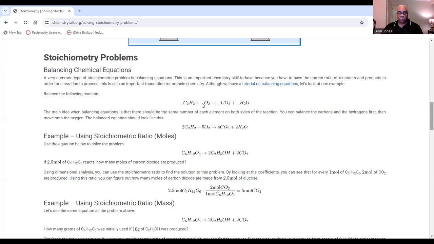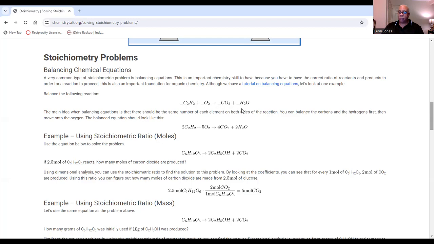Why? Because when I look on my left side, I have two carbons. When I look on my right side, I have one carbon. Now, when I look on my left side as well, I have two oxygens.